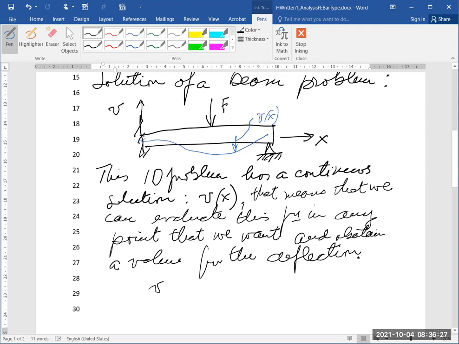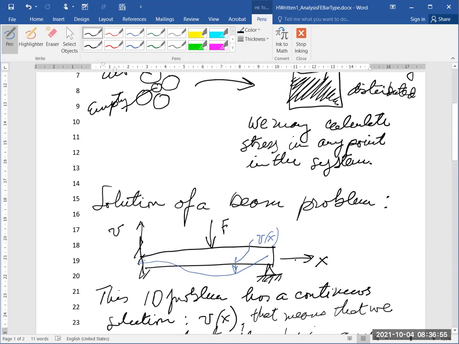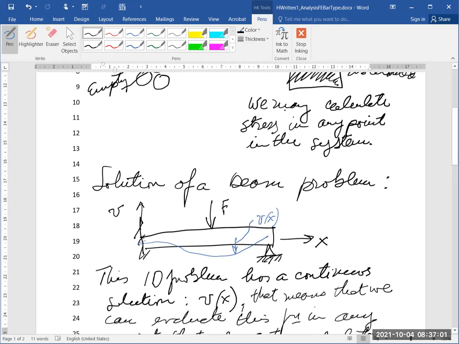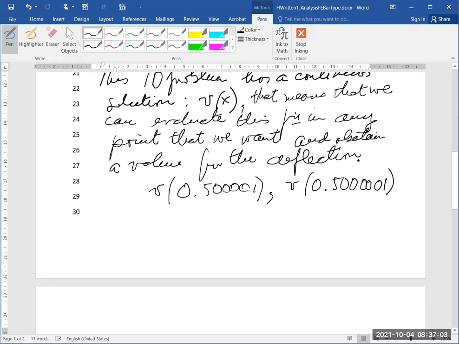For example, I evaluate V at 0.500001, and we get a value, and we can evaluate at another point, 0.5000001, with another zero. This is very close to the first, but I obtain 2 different values. Why? Because we have accepted the continuous hypothesis, so we can evaluate at any point we want.